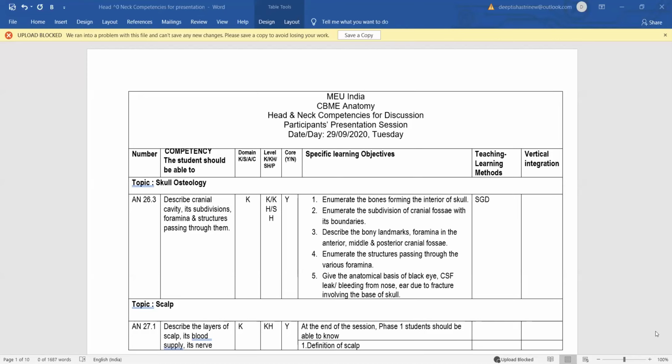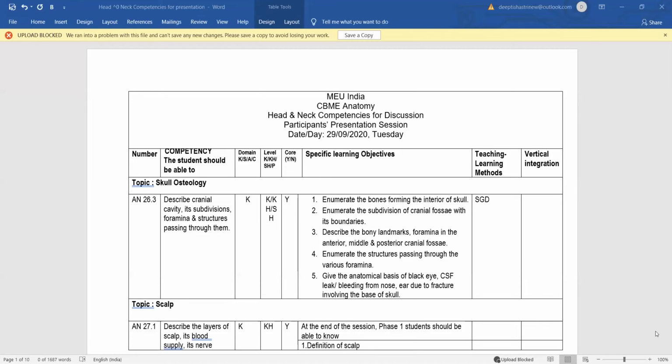The domain is K/S. That means we have to form that kind of SLO which will touch the knowledge and also the cognitive skill domain. And already it has been discussed, whenever we are touching the skill domain, the proficiency level could be up to SH in this first year student. There is no chance of performance. The highest level which could be attained at this period is SH as described by the MCI document.